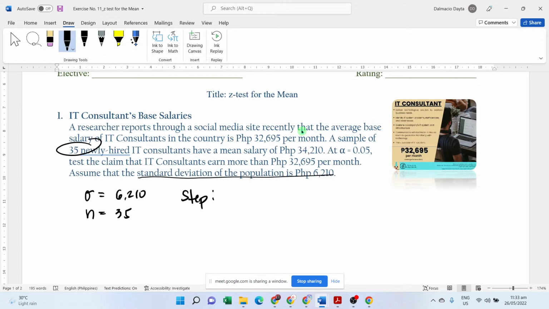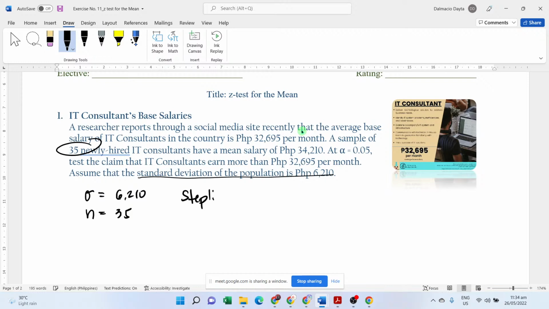Sa inyong research, meron kayong statement of the problem. If it's a quantitative research, what follows is your statement of hypothesis. Sa research, most teachers require only the null hypothesis, pero sa junior high school, kasama yung alternative hypothesis sa ating scientific study.